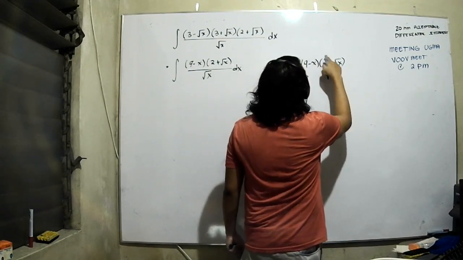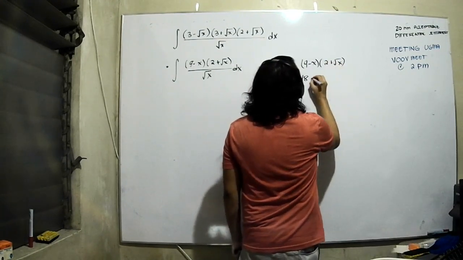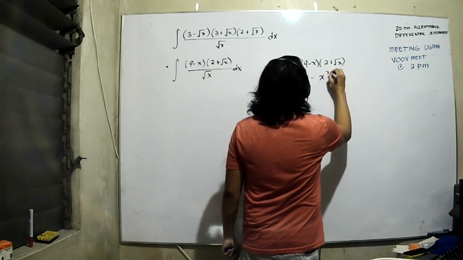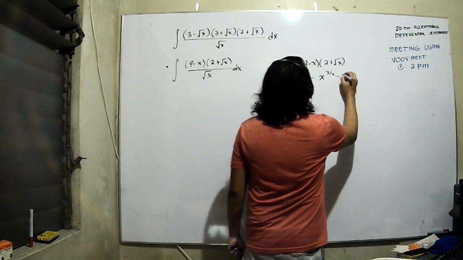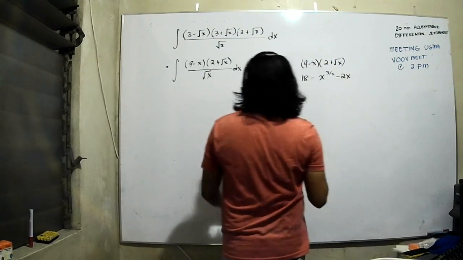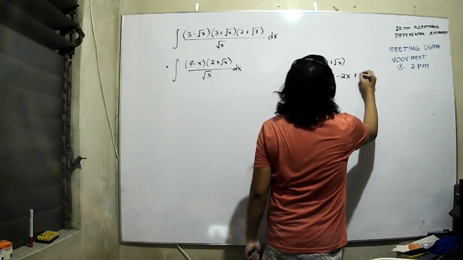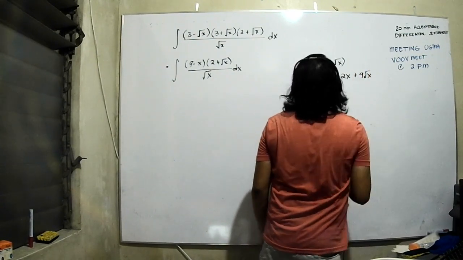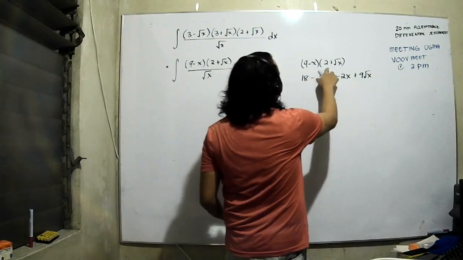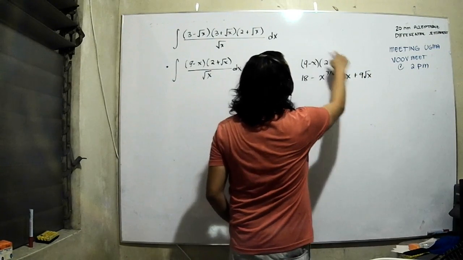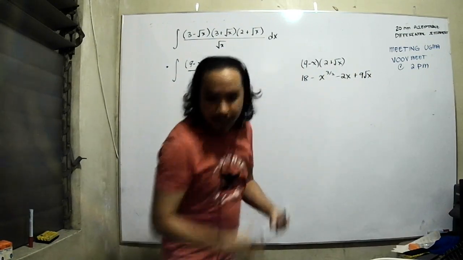Then 1 plus 1 half, that should be x to the power of 3 halves. This is negative 2x, and then we have plus 9 square root of x. 18, negative 2x, 9.